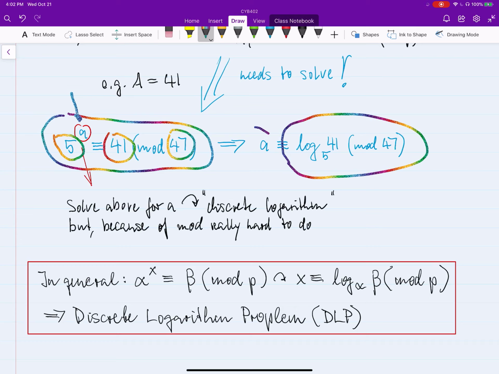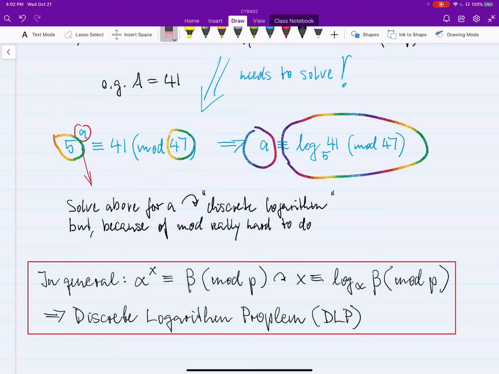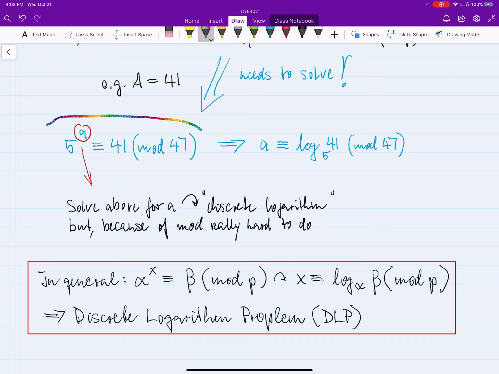It's really hard to figure out what the a is given the other numbers. Okay. So to solve this equation for a, this is what we call the discrete logarithm. Discrete because we also have the modulo reduction. And because of the modulo, this is really hard to do.